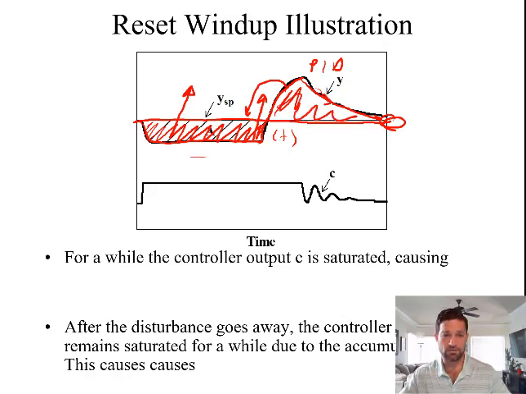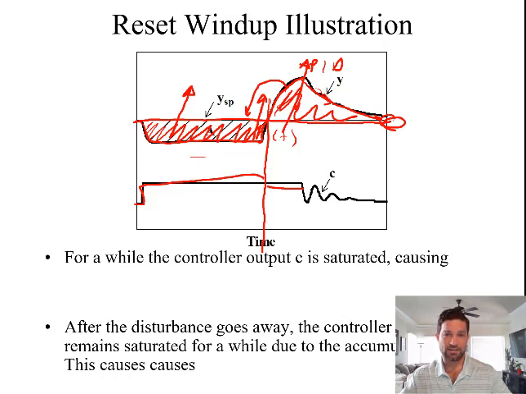If we look at what the controller is doing during this time period, the controller is saturated. It's going to stay saturated because it thinks it needs to further push the control variable up in this direction because it has this large accumulated error term.